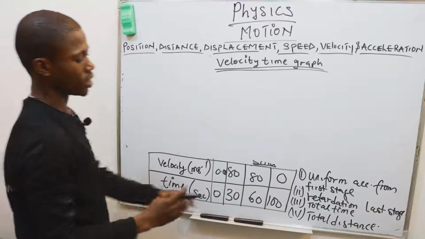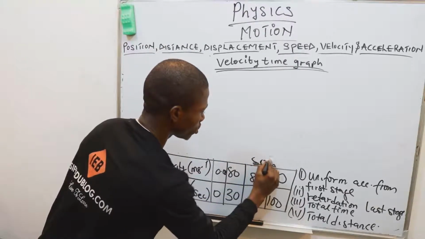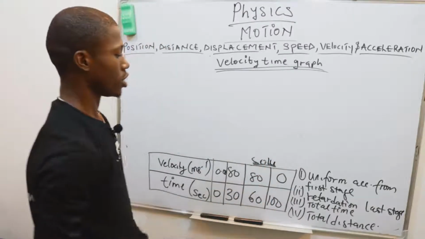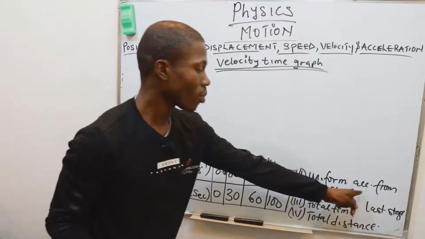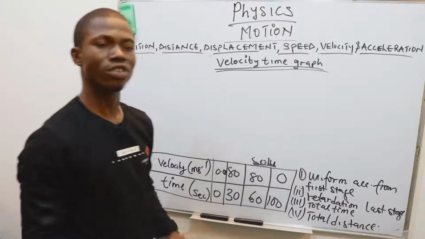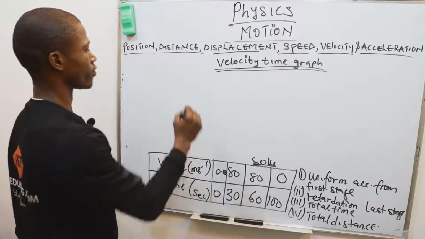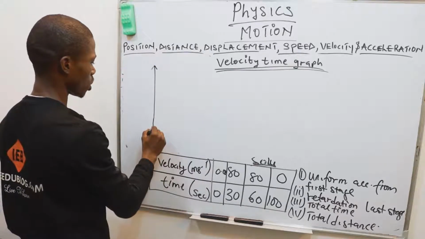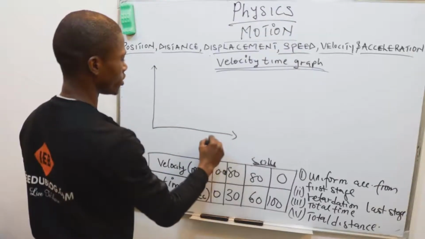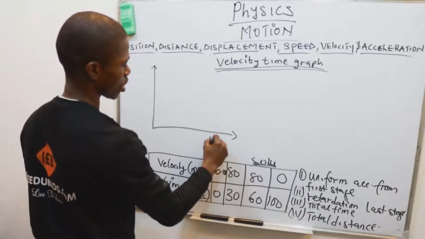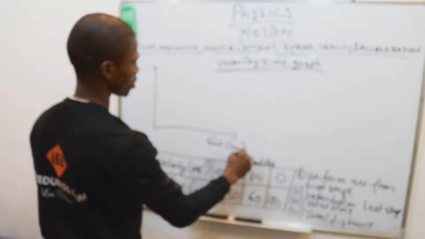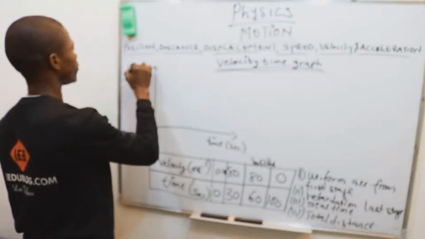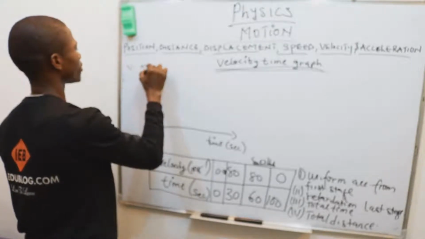This is our solution. The first is the uniform acceleration from the first stage. First of all, let's draw our velocity time graph. Here is our time in seconds, and here is our velocity, V, in meters per second.